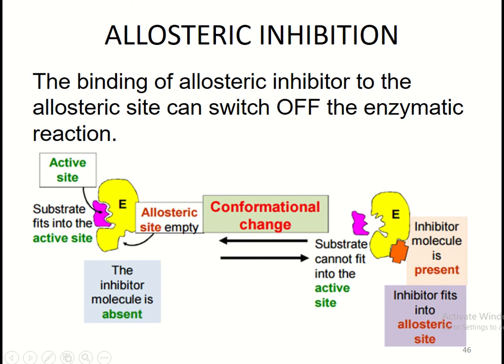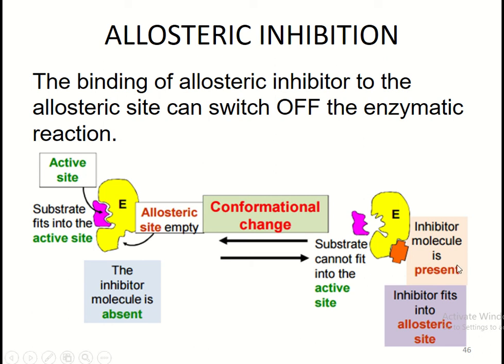So for allosteric inhibition, the binding of the allosteric inhibitor to the allosteric site can switch off the enzyme reaction. Because the binding of the regulator is by a weak bond, the process is reversible.